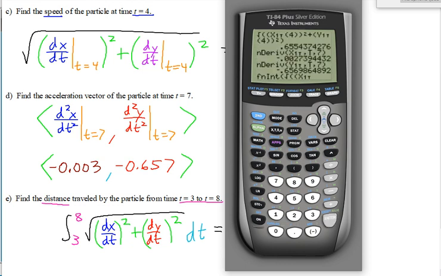So close parentheses, squared, and then plus, open parentheses, y1 squared, and then close parentheses on the square root, comma, variable t, comma, lower limit 3, comma, upper limit 8.